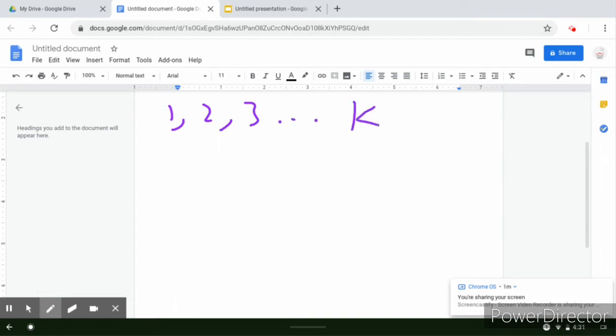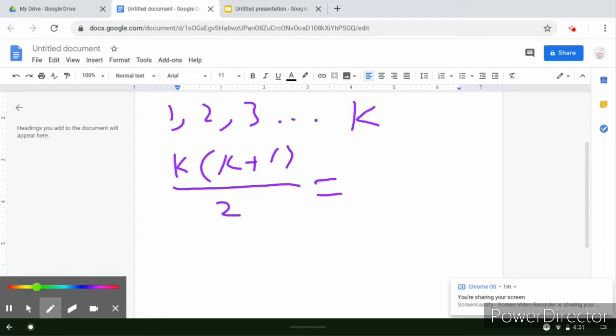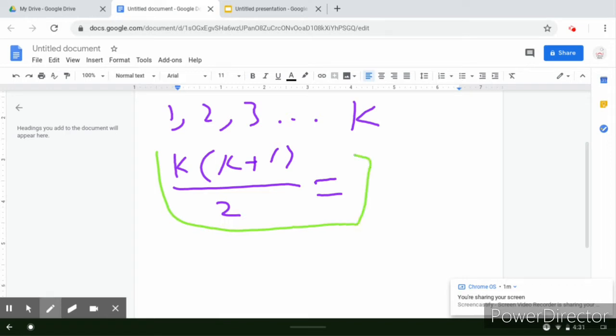Our statement P in this scenario will be k times k plus 1 over 2 equals the partial sum of k. Using mathematical induction, we want to prove that statement P is true.